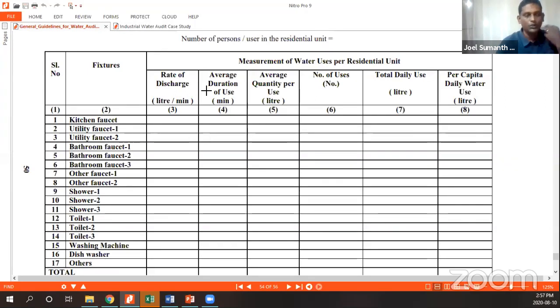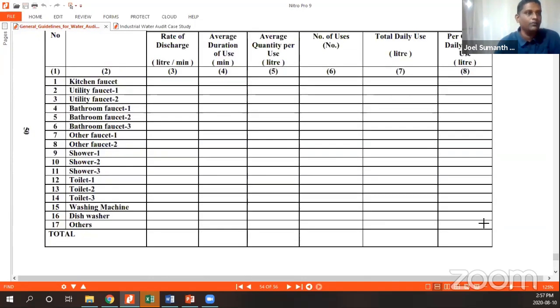Then what is the duration of use, how long do you use this discharge point in a day, average quantity per use, then number of usage. That will give you the total daily usage from each of these things. And once you get the total usage, you can calculate the per capita daily water usage from each of the systems, and the total will give you per capita daily water usage in liters.